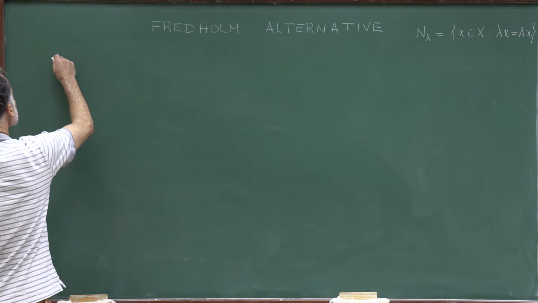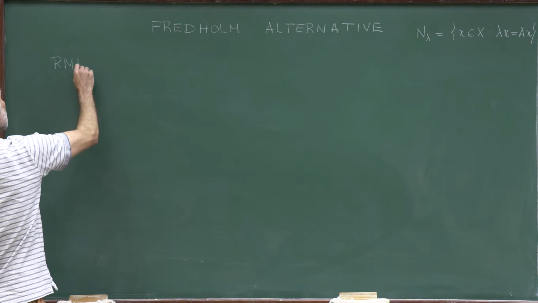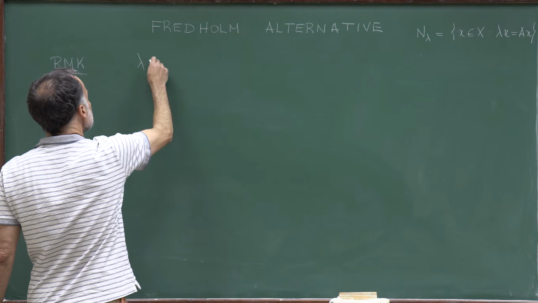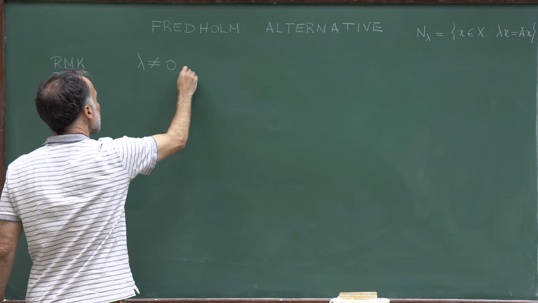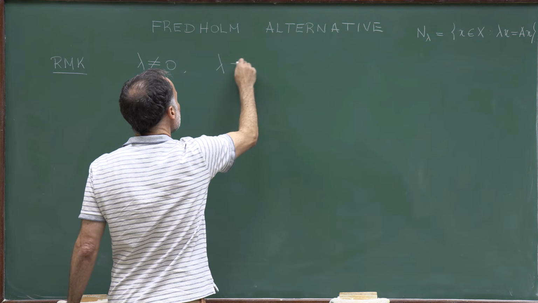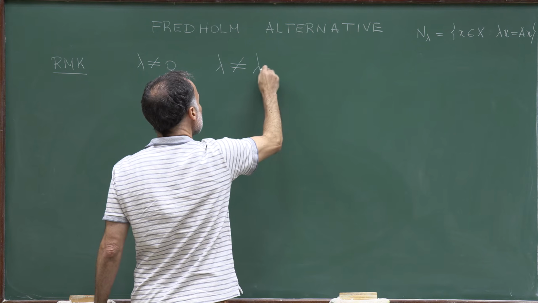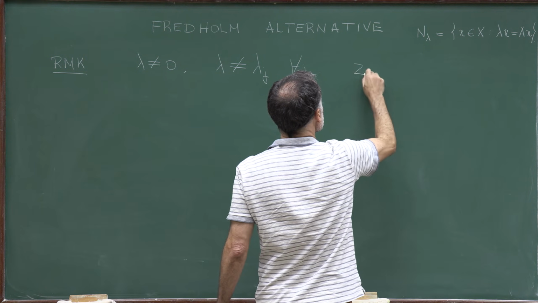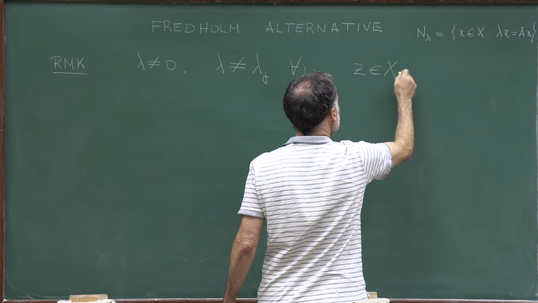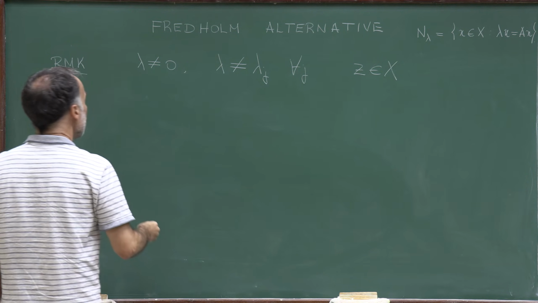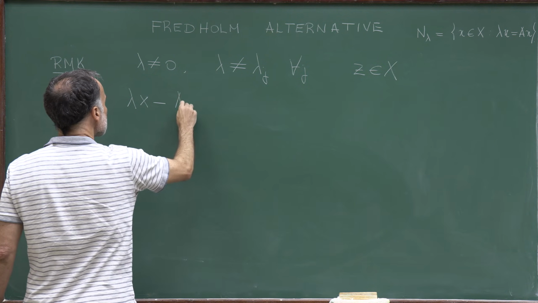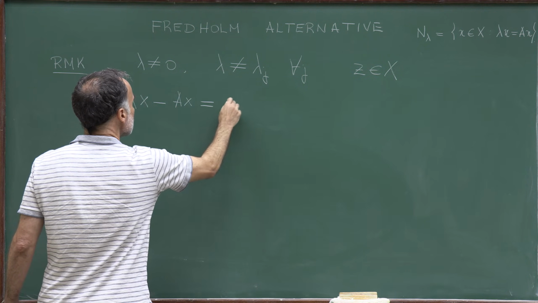So let me just make a remark on this proof. Let's assume that lambda is different from 0 and that lambda is different from lambda j for all j. And let me fix z in X. Let me consider the equation lambda x minus Ax is equal to z.